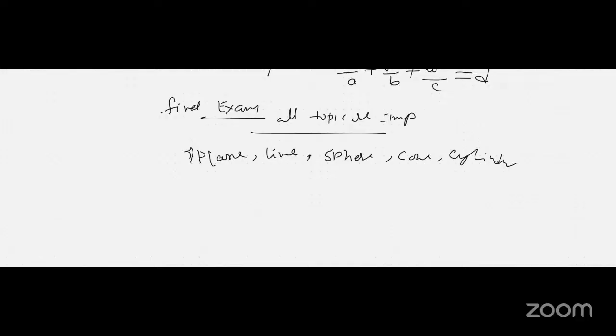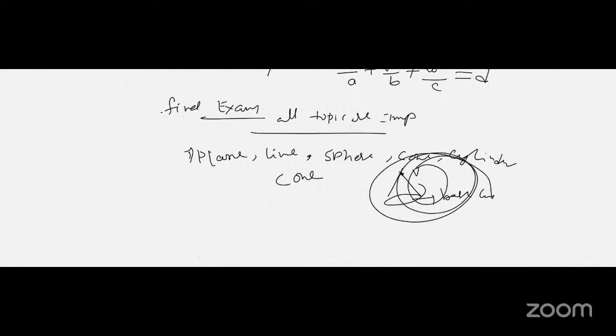Now today we are discussing cone. If they are giving the generator, the vertex, and the base curve, how can we find the cone equation? That is the most important thing.